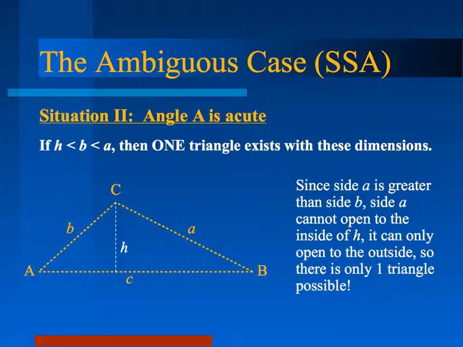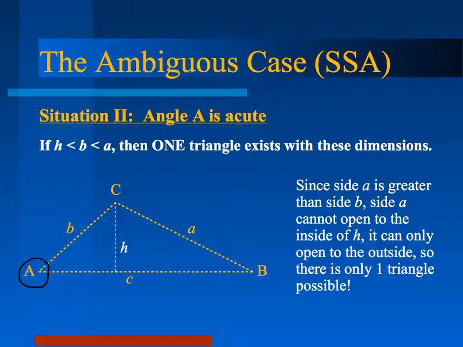So that's three different possibilities when A is acute. I could have one triangle like I do here when A is bigger than H, and when A is the longest.